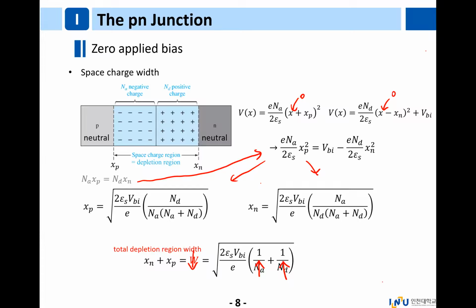And now let's apply these to the one-sided junction. So let's think about the one-sided junction. In the case of a P plus N junction, the acceptor concentration is much larger than the donor concentration.